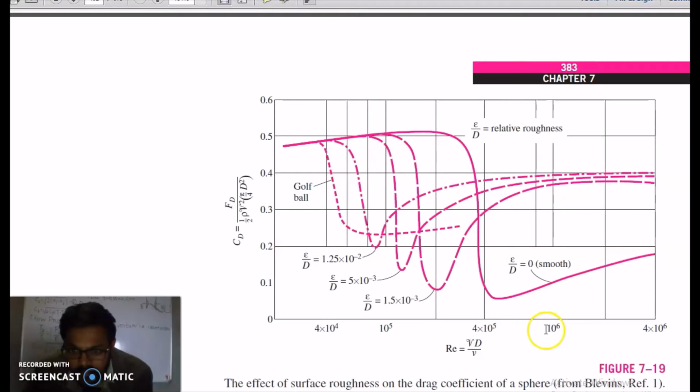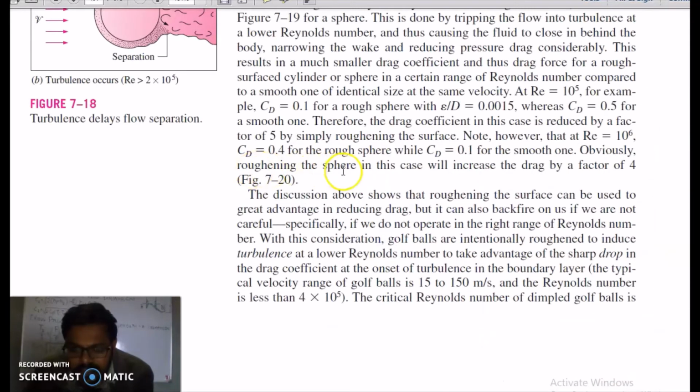If the Reynolds number is say 10^6, in that case the drag coefficient in case of a smooth surface is 0.1 and in case of a rough surface is 0.4. So in this case, roughening the sphere will increase the drag by a factor of 4.